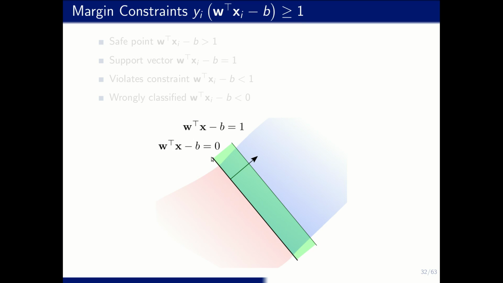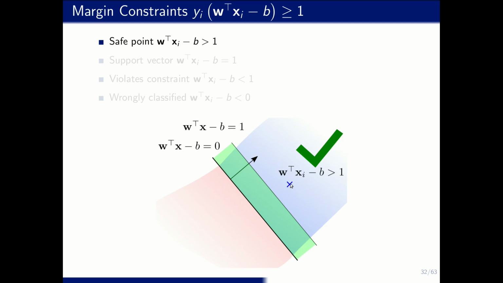So here again we have our separating hyperplane and the positive margin hyperplane. Now let's look at a positive point, a point with positive label, and let's consider this point and say it's strictly in the positive half space. So it fulfills the margin constraint even with strict inequality, so it's strictly larger than 1.